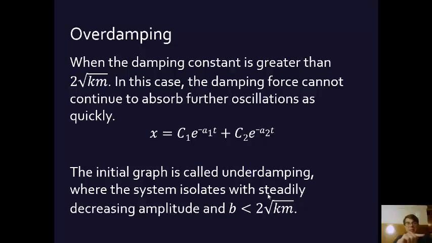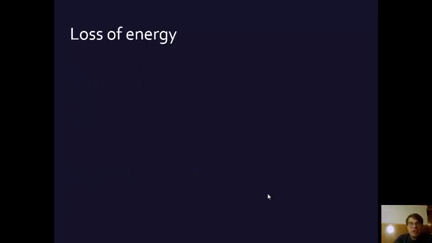You have underdamping, where it slowly reaches equilibrium. And then you have overdamping, where it doesn't reach equilibrium, but it isn't prepared to handle more oscillation. The more oscillation just creates a bad situation.